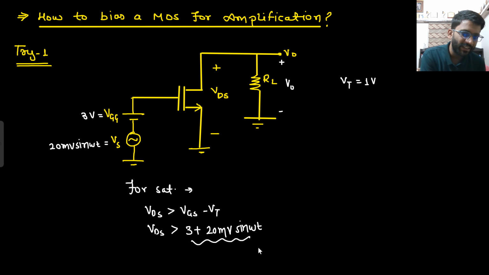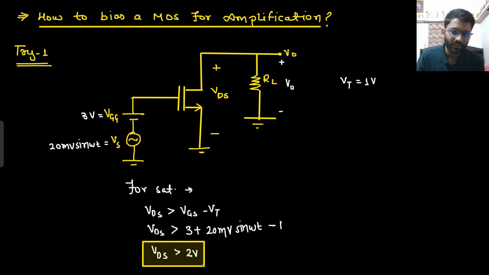This value will be nearly 3 volt only, right? 3 plus or minus 20 millivolt, so between 2.98 and 3.02. So no need to worry about it. Minus Vt, that is 1, so you need your VDS to be greater than 2 volt.